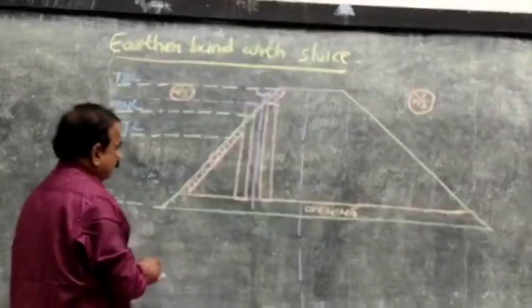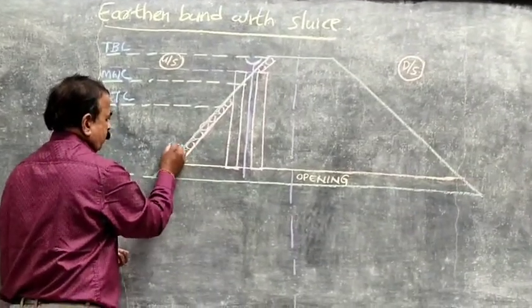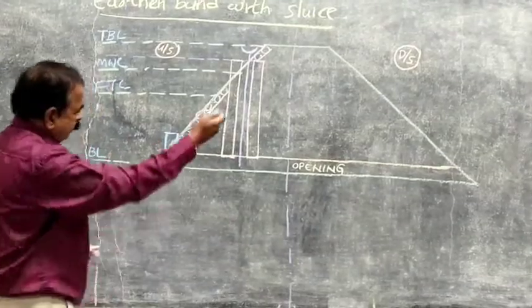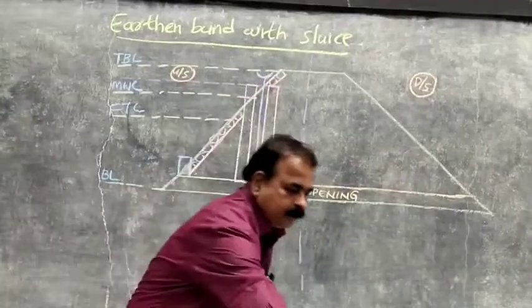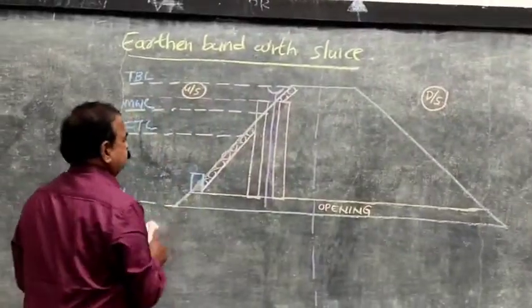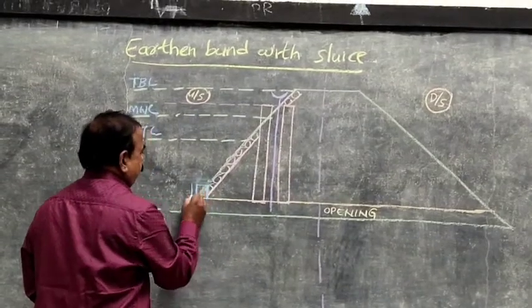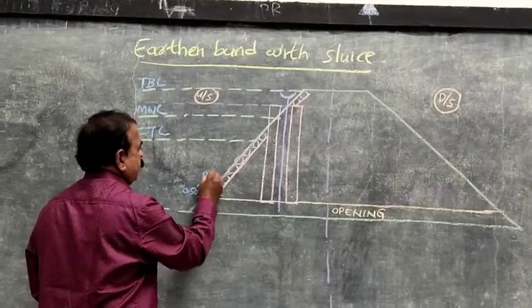When it comes to this point, there will be a small wall is given. Small wall is given for the protection purpose, and sometimes it will be on the head also. Sometimes it will be exactly on the head also, and it's having a height of 0.5 meter, and width is also about 0.5 meter.